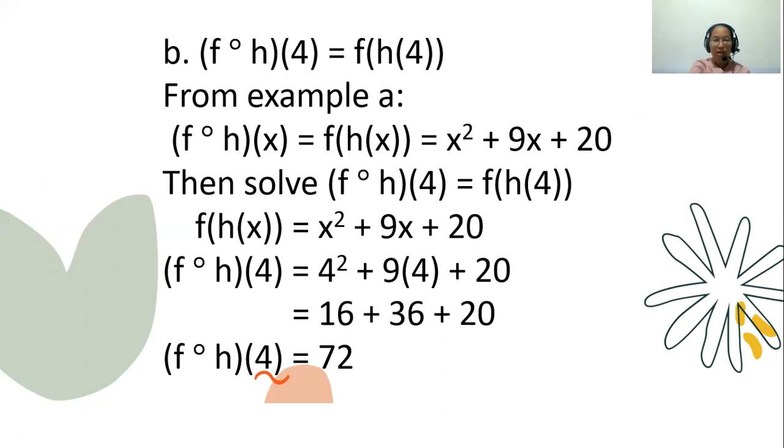Replace all the x's by 4. So we have 4 squared plus 9 times 4 plus 20. Evaluating 4 squared, that is equal to 16, plus the product of 9 and 4, which is 36, plus 20. Thus, the composite function of f and h of 4 is equal to 72.